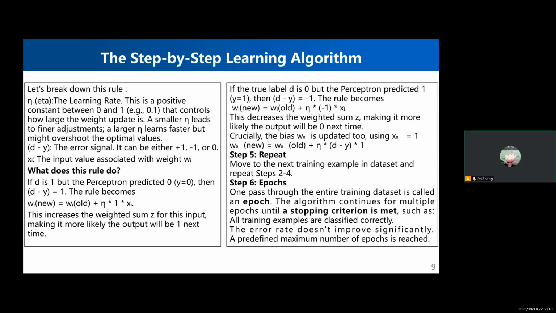The bias W0 is updated too, using x0 equal to 1. The new weight W0 equals the old weight W0 plus eta multiplied by (d minus y) multiplied by 1.